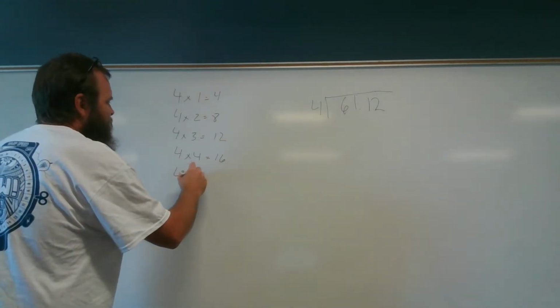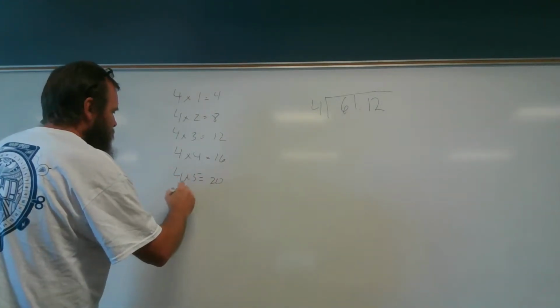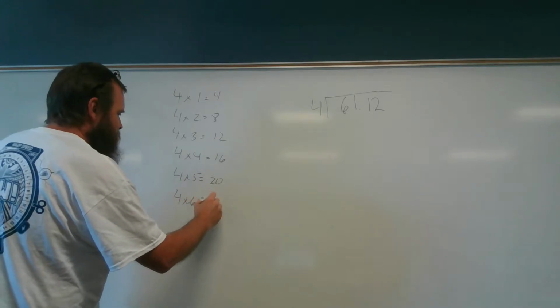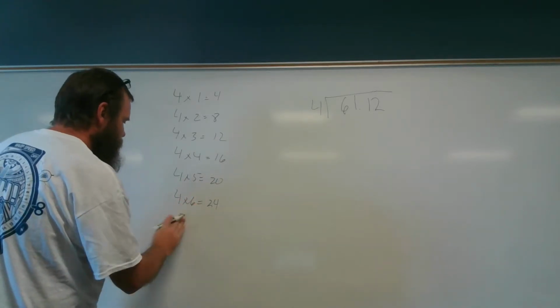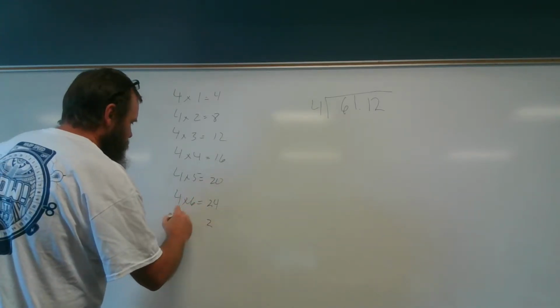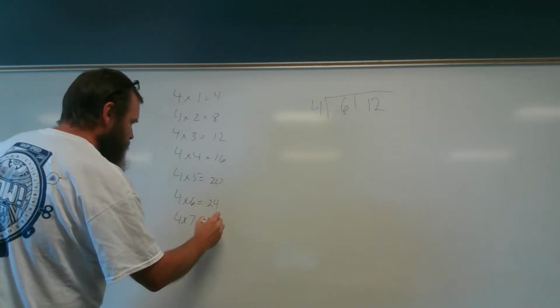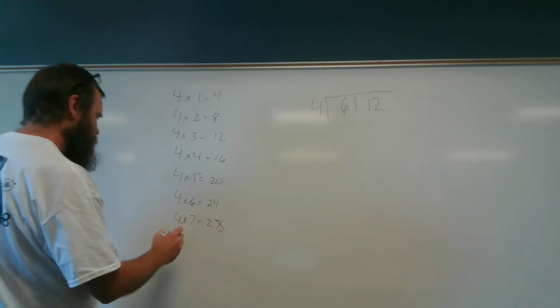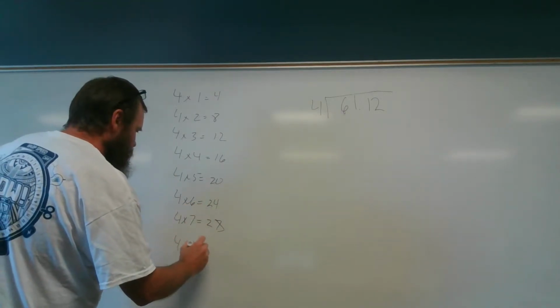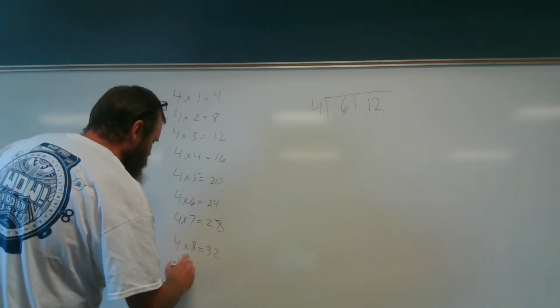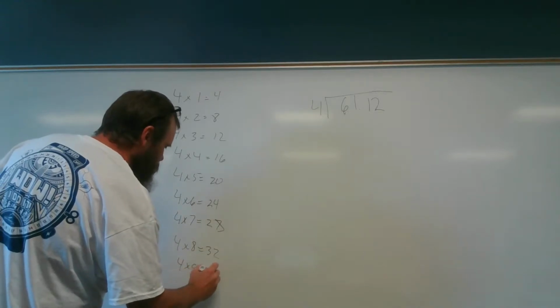4 times 4 equals 16, 4 times 5 equals 20, 4 times 6 equals 24, 4 times 7 equals 28, 4 times 8 equals 32, 4 times 9 equals 36.